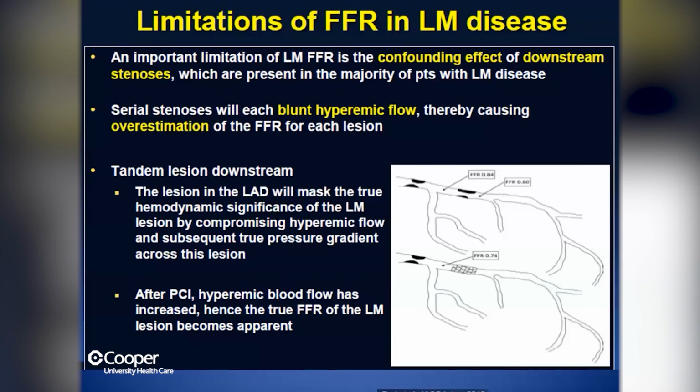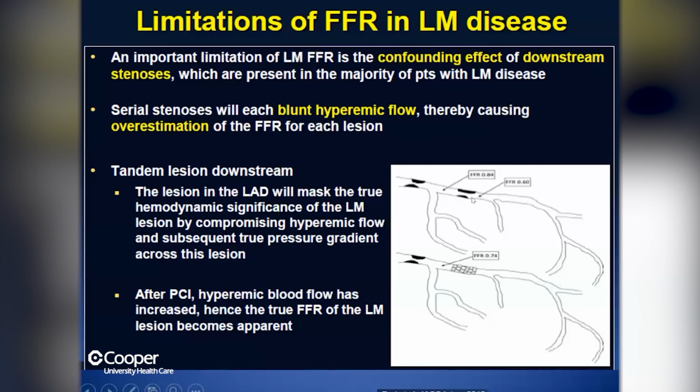You put the FFR wire, you measure the pressure before and after, you measure it here and you measure it here, and you see the FFR of the ostial segment of the LAD comes out 0.84. But you look at the angiogram, there's another lesion here, and you measure FFR at this level, you see it is also significant.